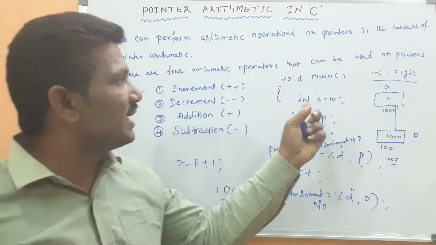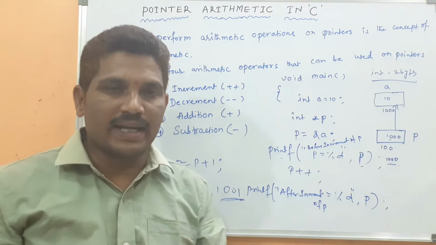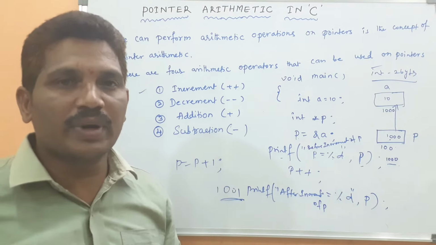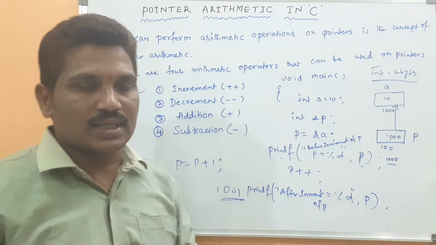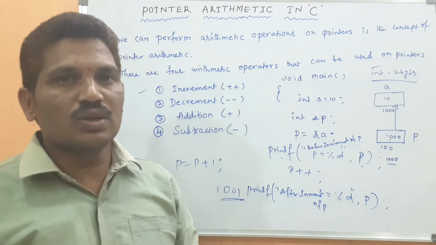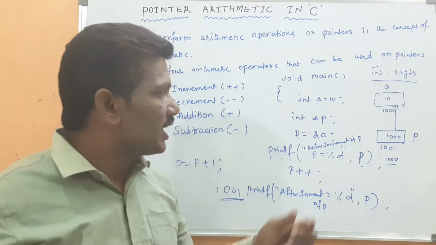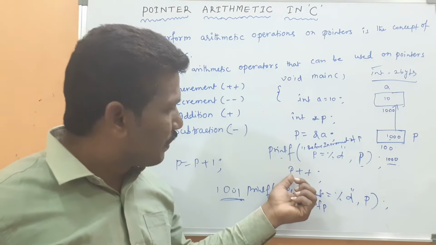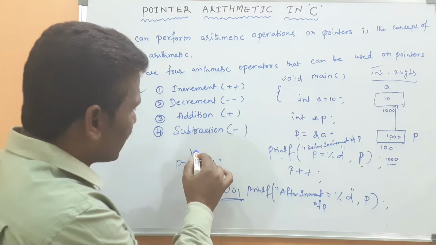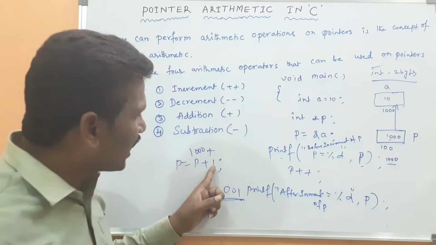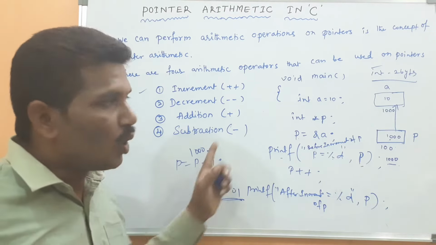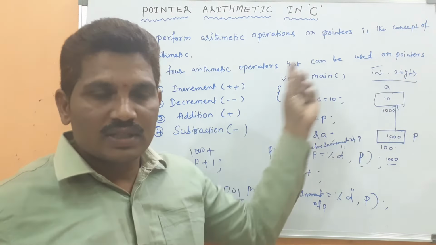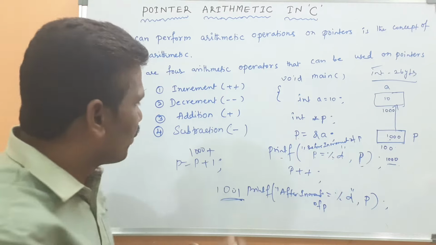No. What is the size of an integer? 2 bytes. It is moved to the next location. What is the next location? It is added by 2 bytes. Plus 1 means p plus 1, and since the integer is 2 bytes, it moves to the next location, which is 2 bytes ahead. 1 increment means 2 bytes.